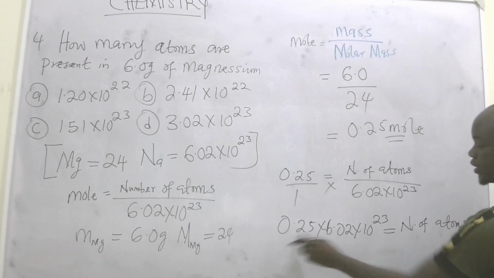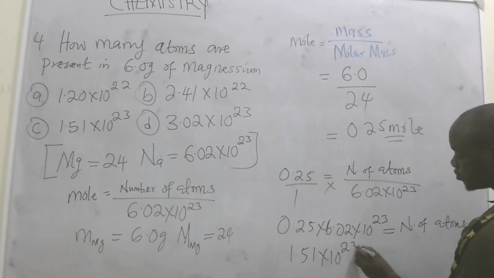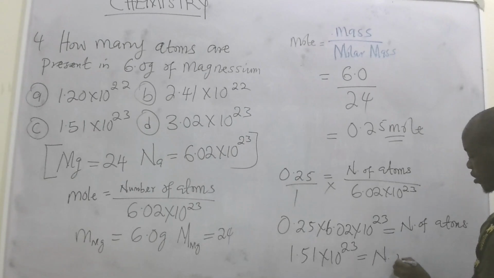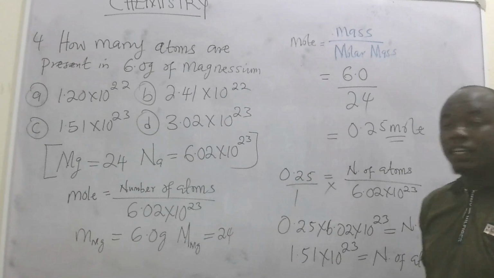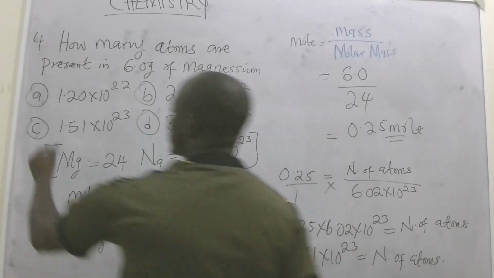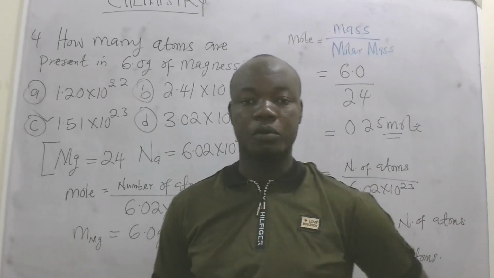If we multiply, we get 1.51 times 10 raised to the power of 23 as the number of atoms. So the answer to this question is option C.